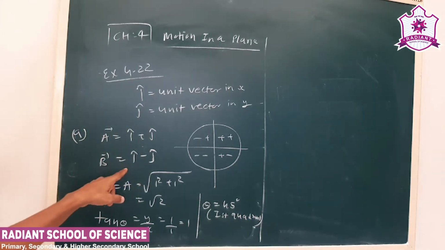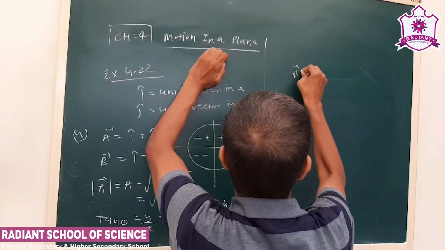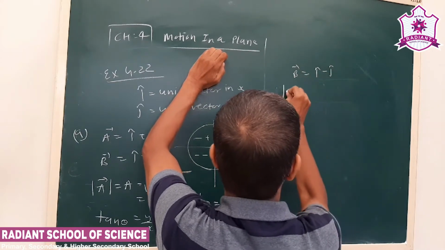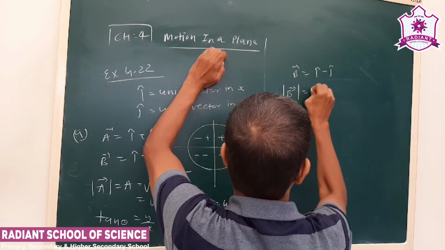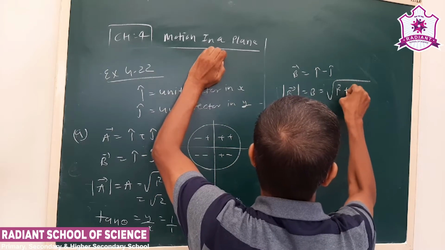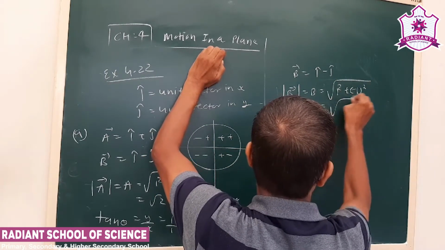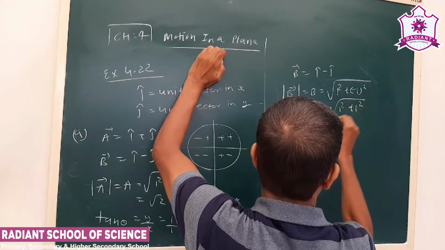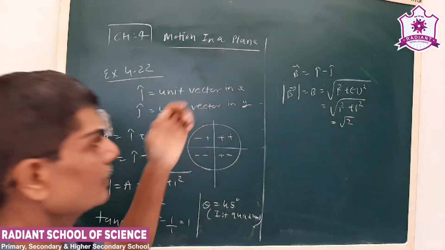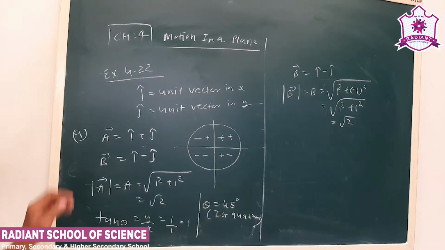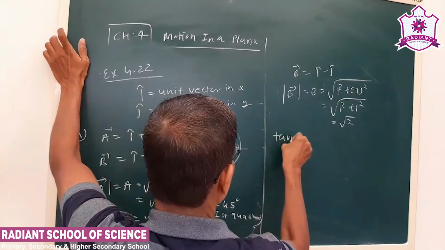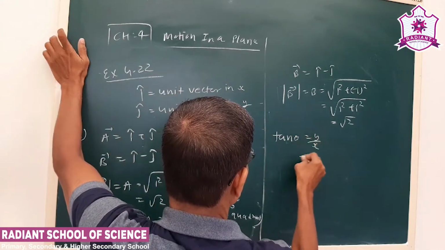Now see the second, B is i minus j. Now see the magnitude is root 2. Now the direction, tan theta is y upon x.